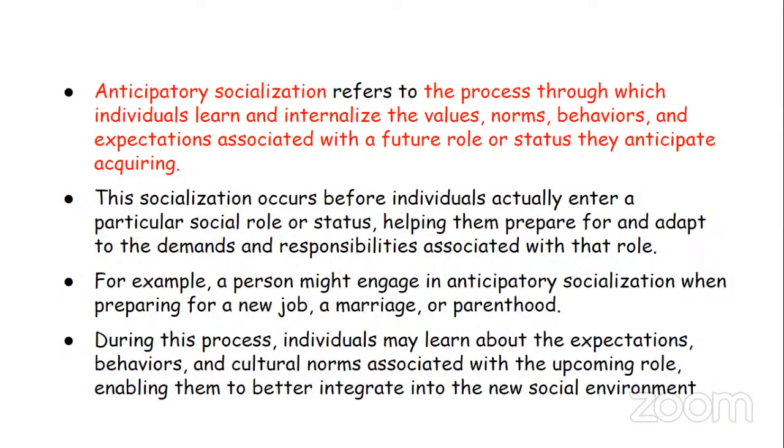If we want to achieve a particular role or status in future, we start learning about that role, or we practice how to behave when we achieve that status. For example, if someone has an ambition to become a police officer in the future, they would start to learn and internalize the values, norms, behaviors, and expectations associated with the role of a policeman.